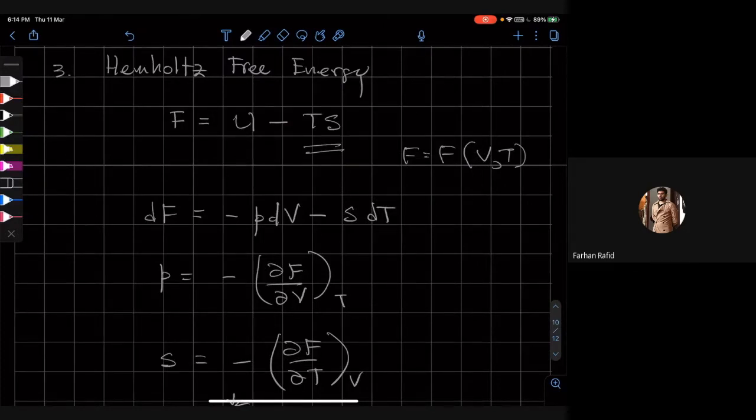They all have, yeah, they're all potentials, right? So they all have dimensions of energy. So what you're saying is that the free energy can be changed by doing work on the system.